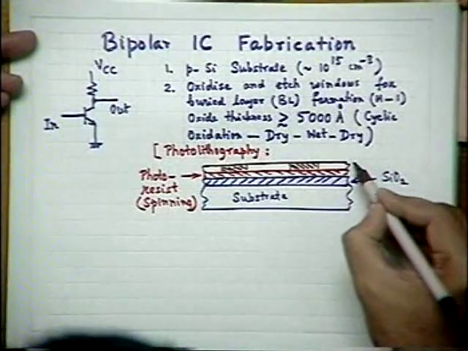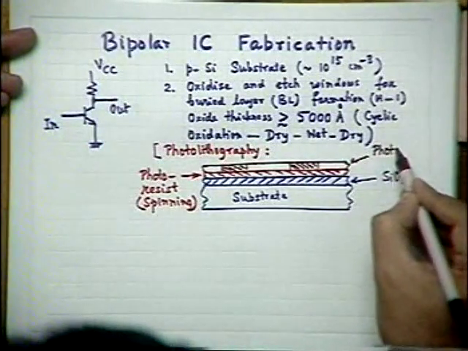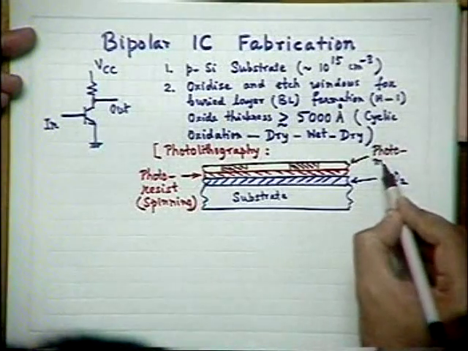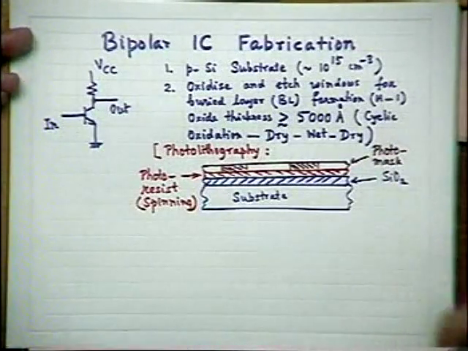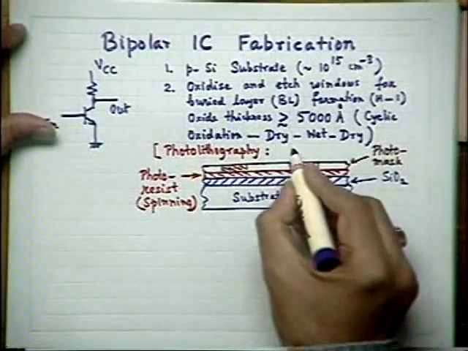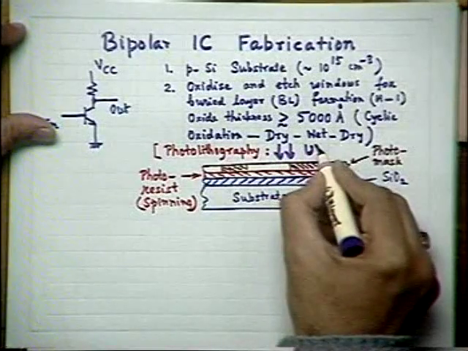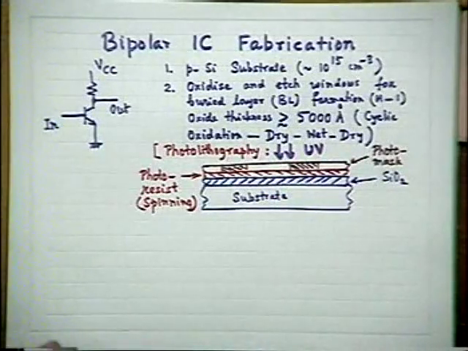So this is a photomask. Okay? And ultimately, you expose it to ultraviolet light in a machine called a mask aligner.